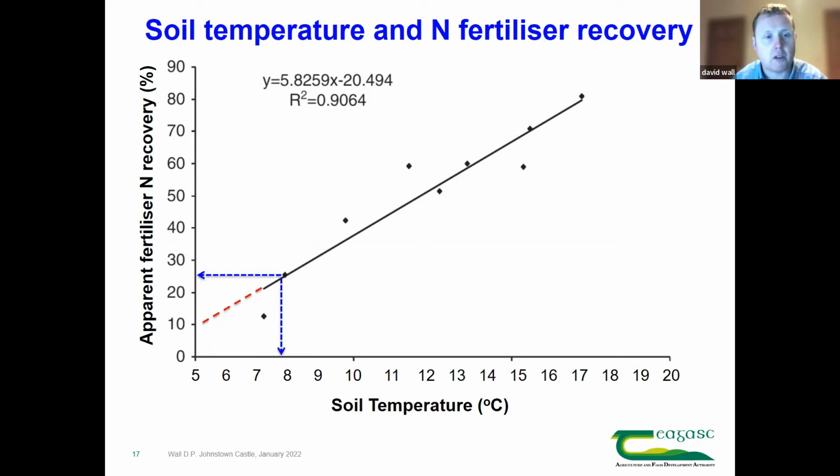So at the moment, we're running somewhere between 5 and 6 degrees. So it stands to reason that we shouldn't be putting out high rates of fertilizer or slurry at this time of year. A small amount is plenty, just to keep the thing ticking over. And if there is good weather in the weeks ahead, you can capitalize on that.